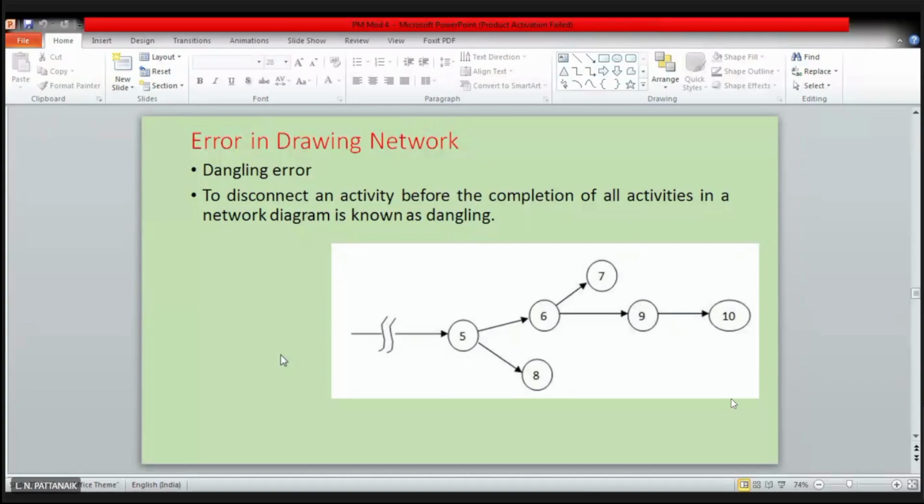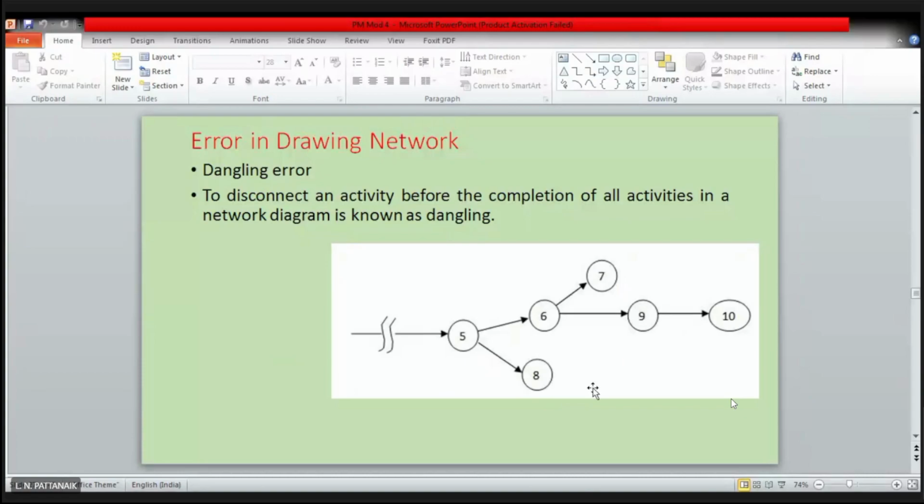Nothing is going out of event 7 or event 8. You are not permitted to do like this. It is disconnected. There must be some activity coming out of 7 and joining somewhere. Then it will become closed. It should look like a closed loop, not an open situation like this.